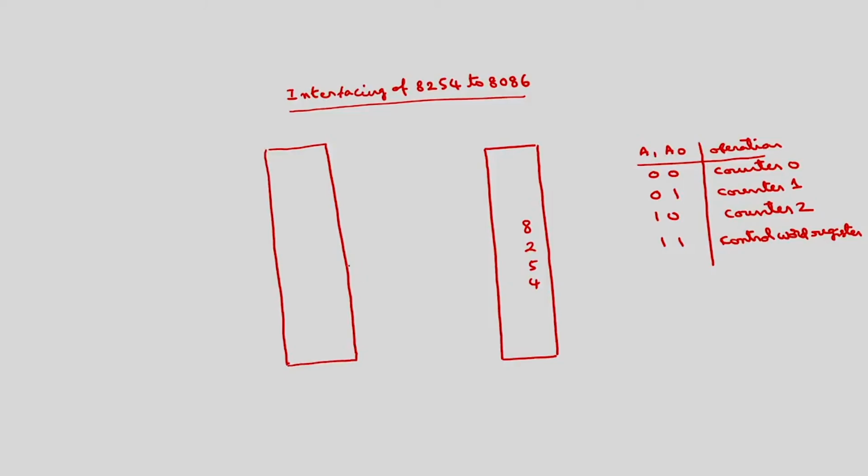The A0 and A1 of both devices will be connected together: A0 of 8086 to A0 of 8254, A1 to A1. Similarly, we have read bar and write bar.